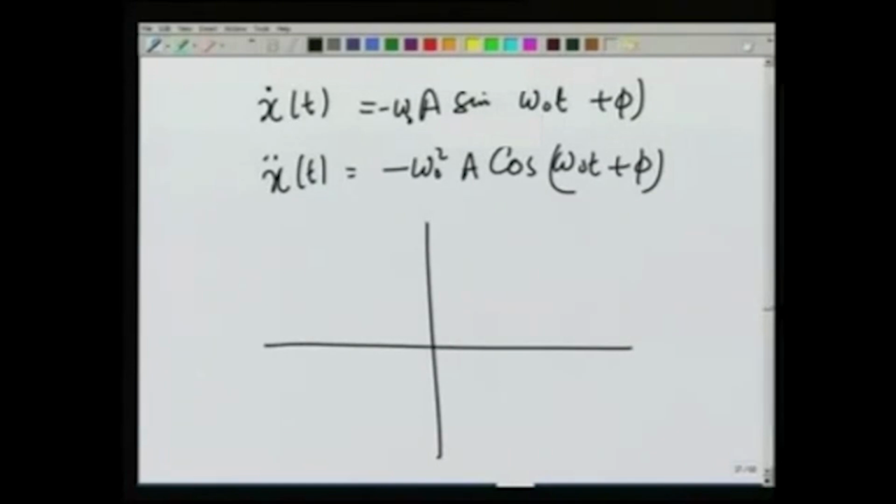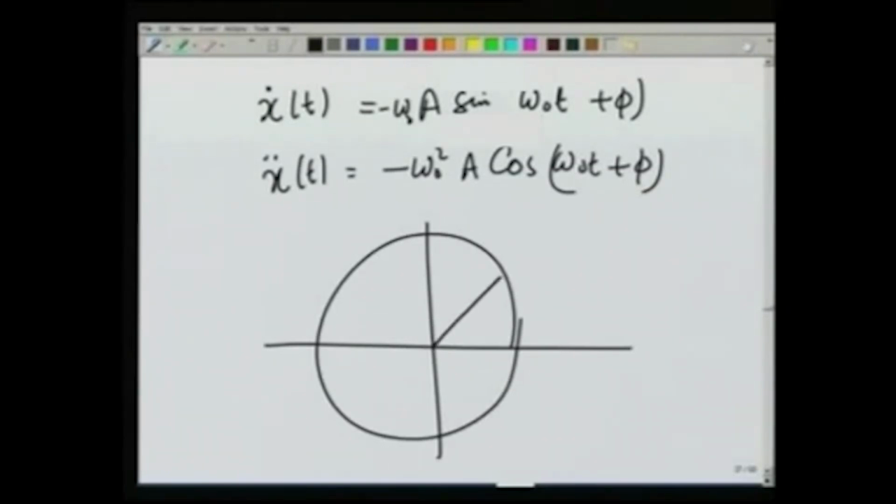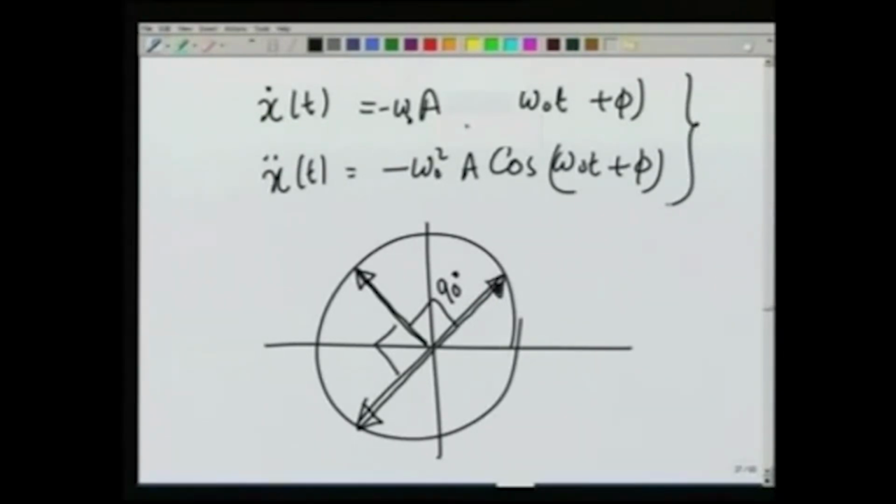If I represent the displacement, velocity and the acceleration on the phasor diagram, if the displacement at any given time is like this, you can easily see that the velocity phasor would be pointing in this direction at 90 degrees to the displacement, and similarly acceleration would be pointing in the direction opposite to the displacement, 90 degrees this way. You can work it out yourself and see it satisfies all the conditions, all the directions and magnitudes, correctly with this representation.